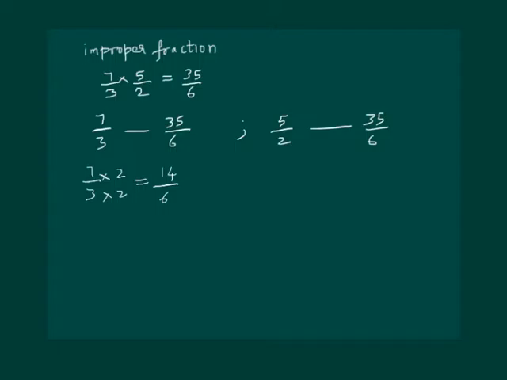14 by 6, which is clearly less than 35 by 6. Similarly, the LCM of 2 and 6 is 6 and the equivalent fraction will be 15 by 6, which is less than 35 by 6, implying that 5 by 2 is less than 35 by 6.